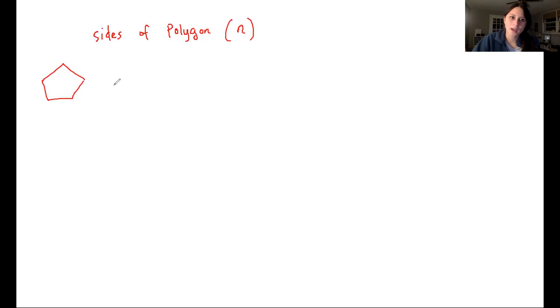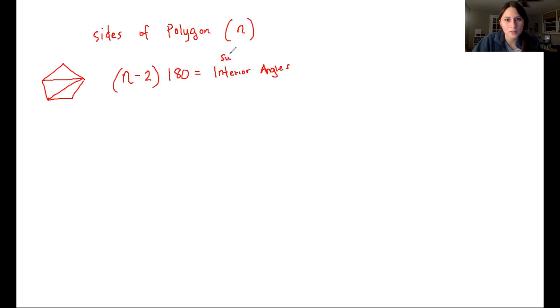However many sides I have, it's going to be n minus 2. That is the amount of triangles in my pentagon, times 180. And that would be the sum of the interior angles.